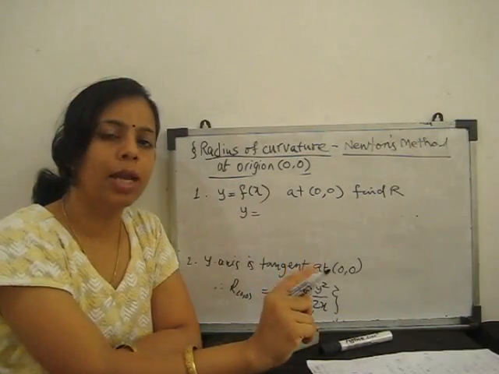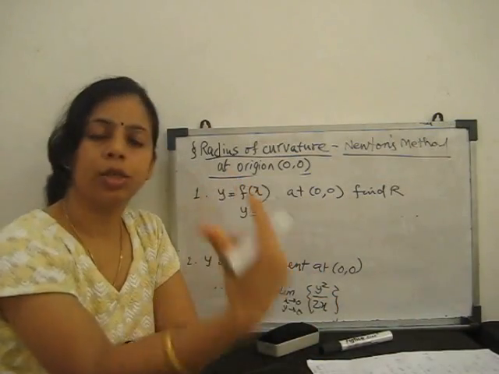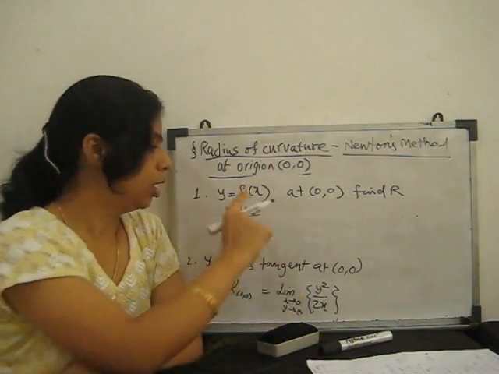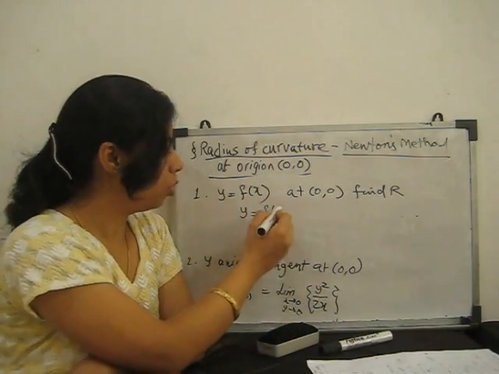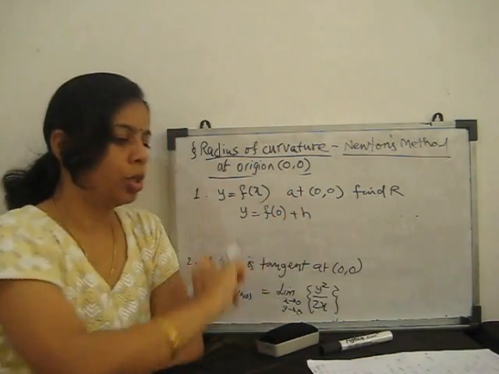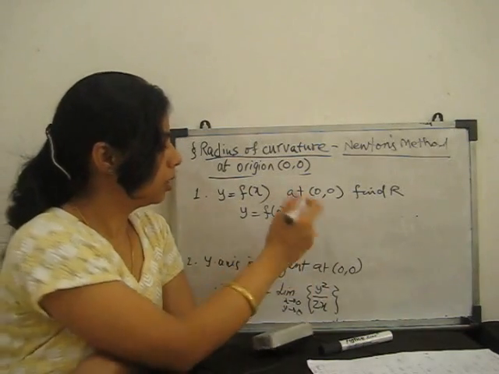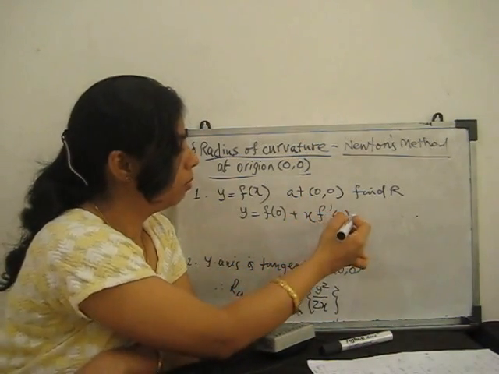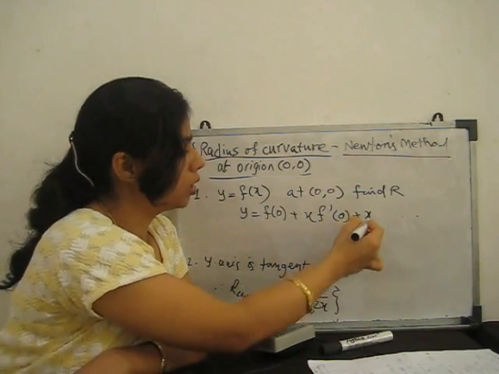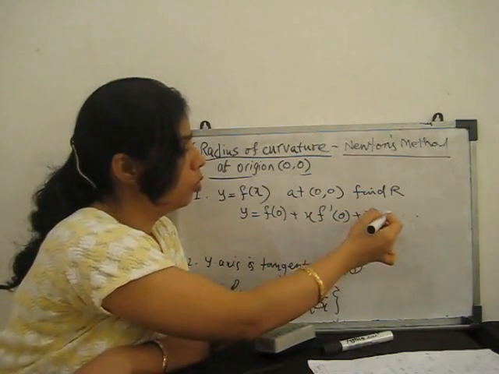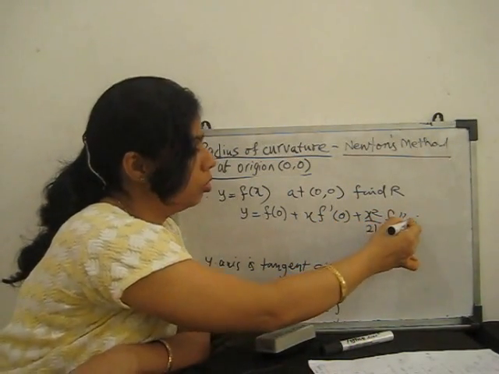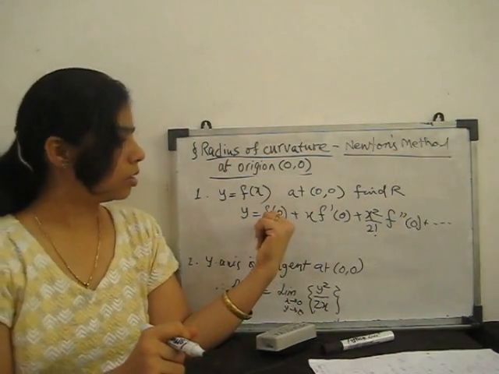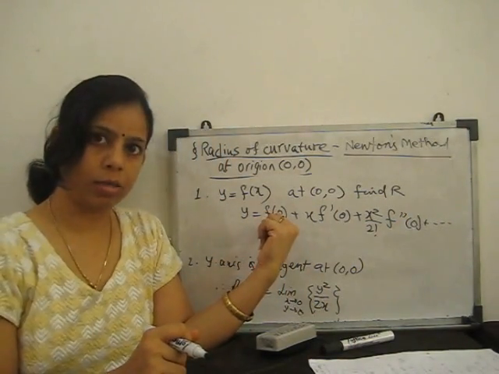Maclaurin expresses this function in series form at the point 0, the origin. So our function is f(0) plus x upon factorial 1 f dash 0 plus x square upon factorial 2 f double dash 0 and so on up to n terms. So this is the Maclaurin expansion.